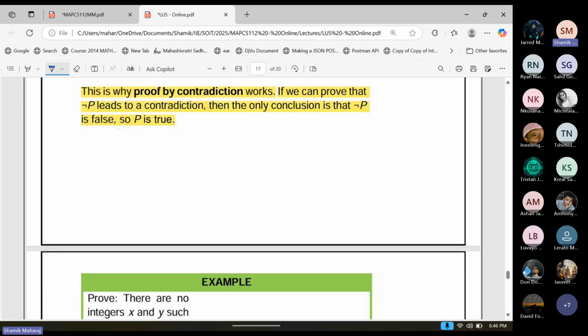It's like someone claims something and you say, okay, I assume you're right, and if you're right, let me show you that that leads to the incorrect conclusion, not the same one you've given me. So I assume what you said is correct. Assuming that, I derive something which cannot be possible. Like let's say I derive that gravity makes you fly, and that's coming from the initial statement that you made.